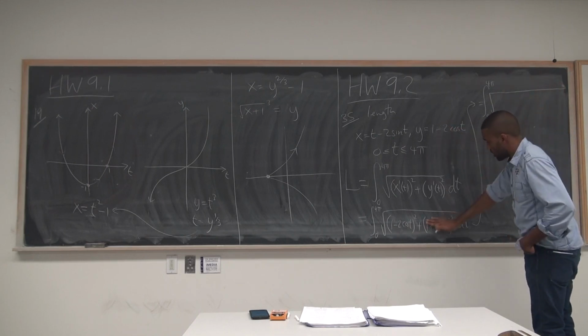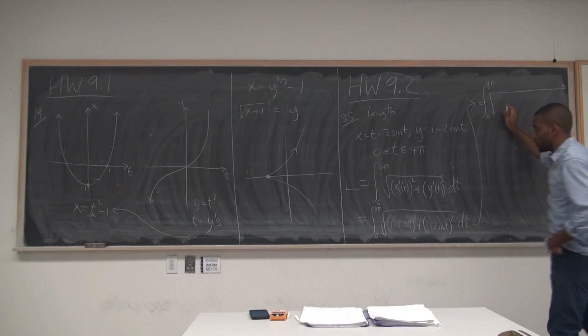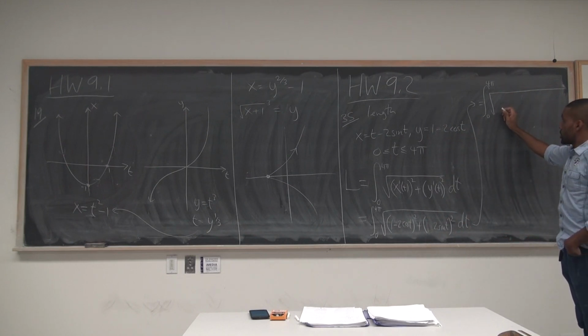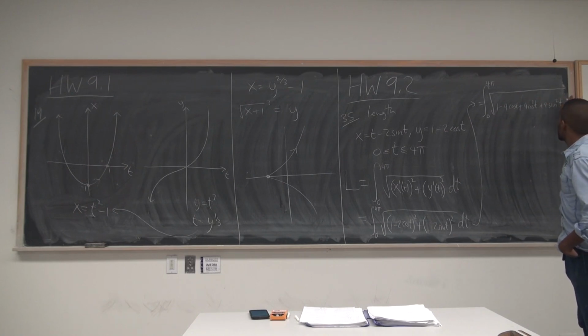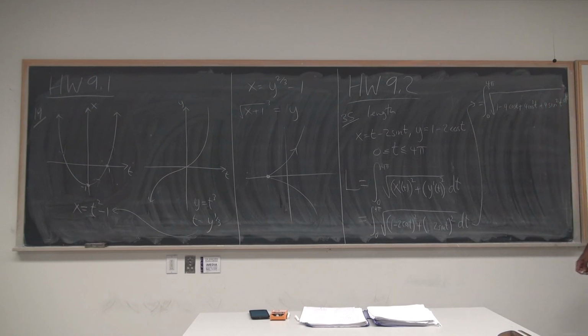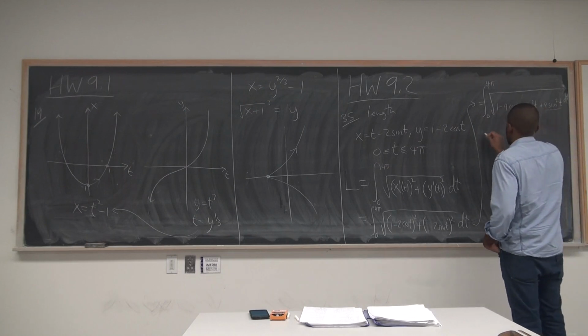Oh, that's a 1. Yeah, so it's just 2 sine. So what do we have here? 1 minus 4 cosine t plus 4 cosine squared t plus 4 sine squared t, dt. Right? 4 cosine squared plus 4 sine squared is what? That's just 4, which I'm going to add to that. I'm going to get 5.